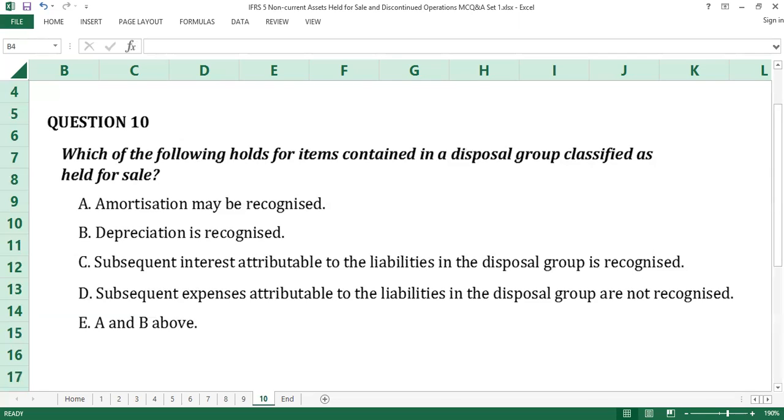E. A and B above. Time counts. 10 seconds gone. 20 seconds gone.